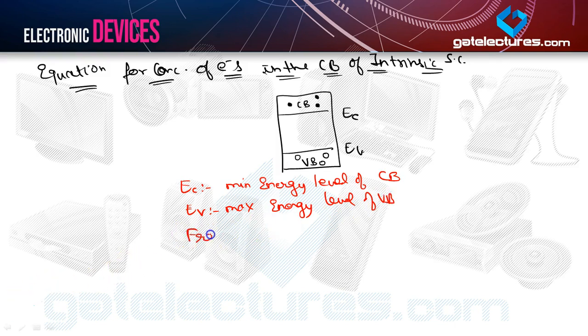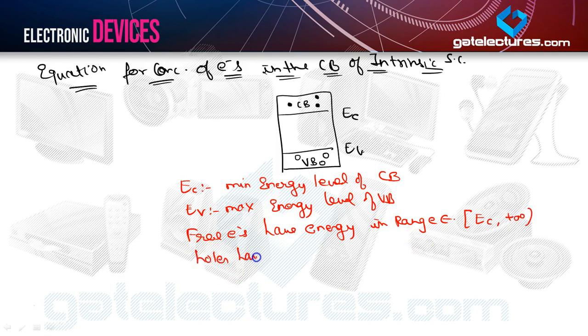And we can say that free electrons have energy in the range of EC to infinity, and holes have energy in the range of minus infinity to EV.